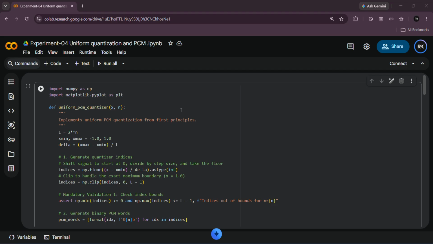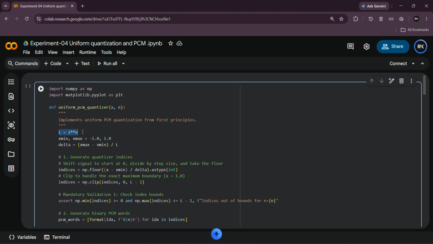At the core of this code, you can see the function uniform PCM quantizer. It takes two inputs: x, the signal, and n, the number of bits per sample. First, we calculate L, the number of quantization levels, which is simply 2 raised to the power of n.